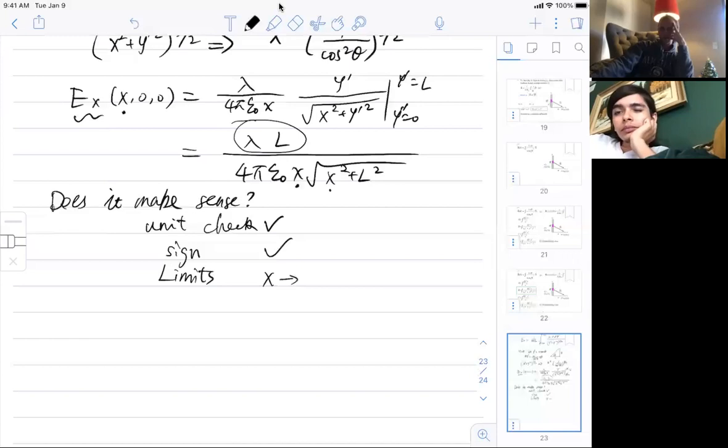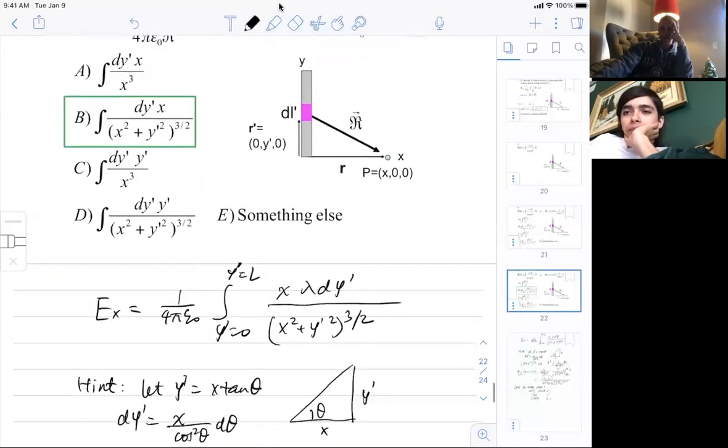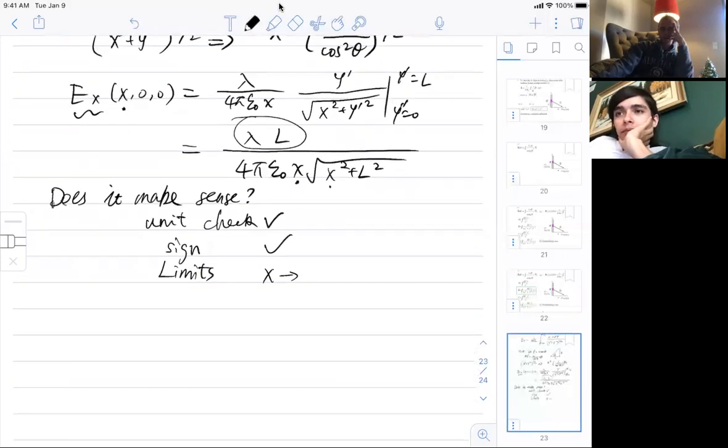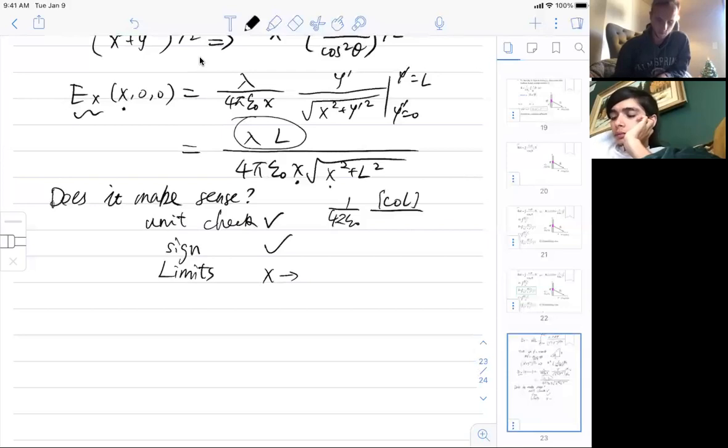Is it one dimensional? Is it charge per length? I'm sorry, I thought you were asking for the units of our E. Oh yes, units I've already checked. It's good. I got the constant, and I got the Coulomb. I got meter squared. So that is the correct unit.